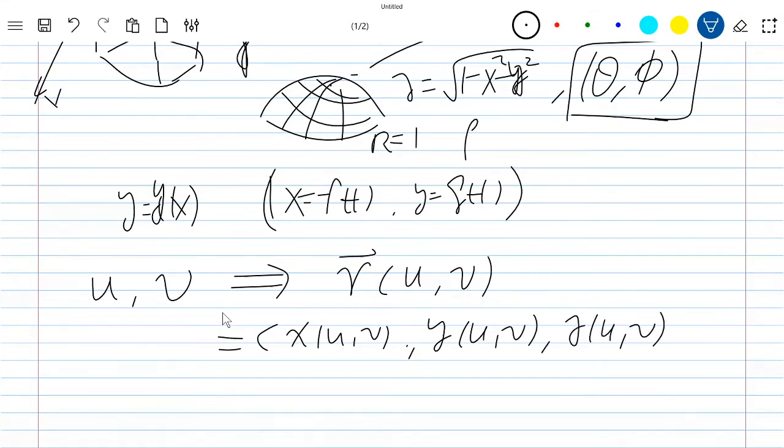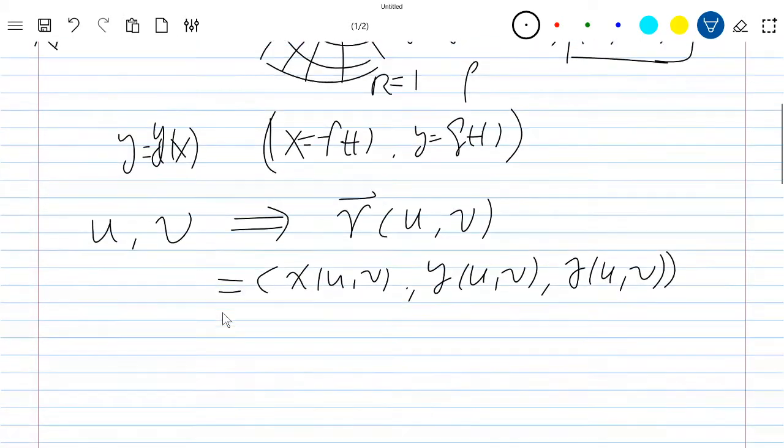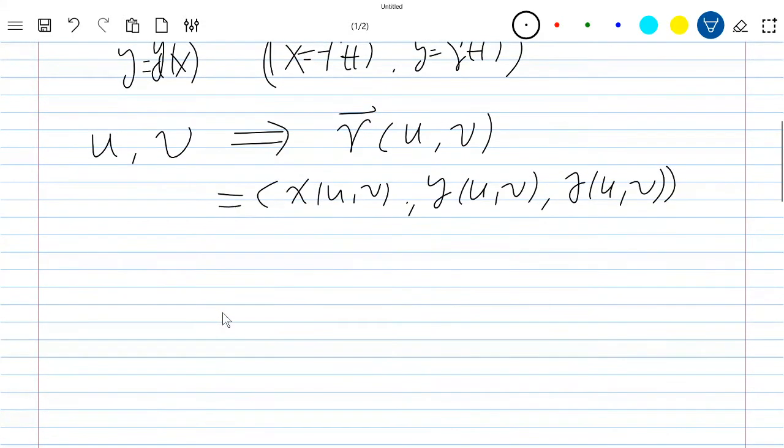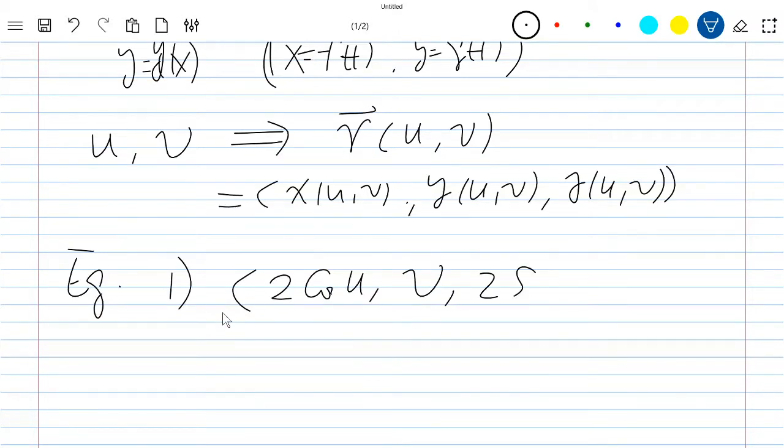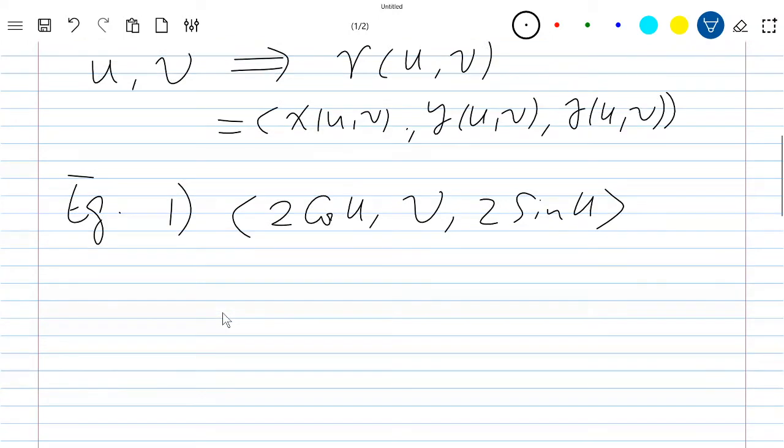So each (u,v) will give you a point, and if you change u and v, you will get a 2D surface. Let's give one example first: 2 cosine u, v, 2 sine u. And what kind of surface is that?